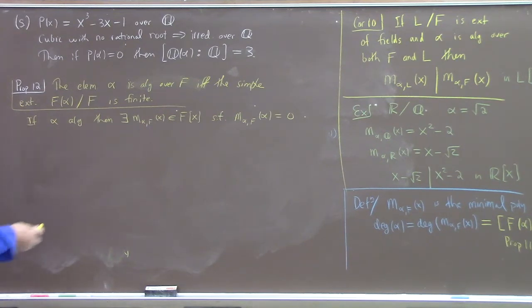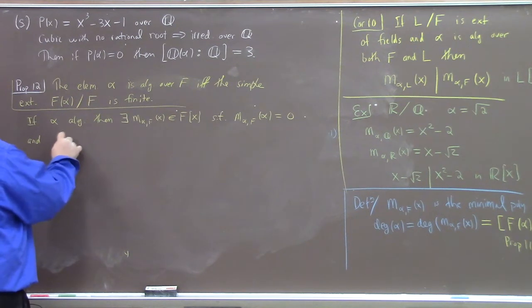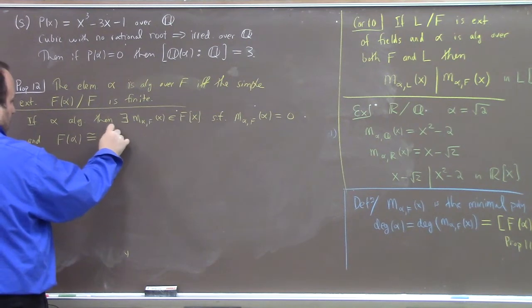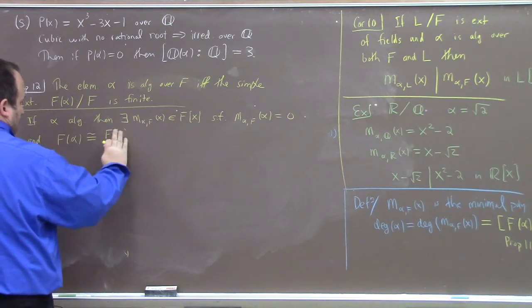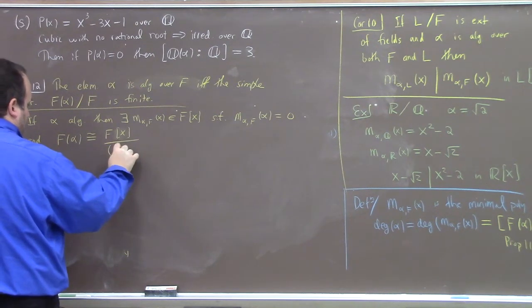And then what? We know that F(alpha), right, is isomorphic to what? F[x] mod m_alpha.